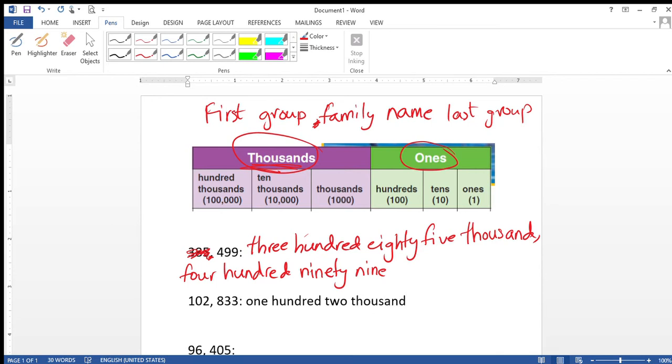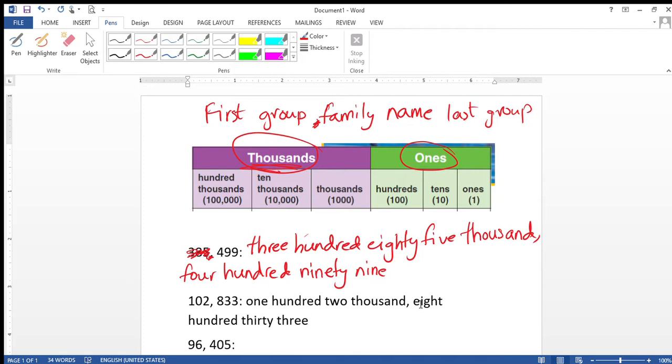Put a comma. We finished with the first part. Now we have this second part. How do we say these numbers? 833. That's simple. First group, family name, second group.